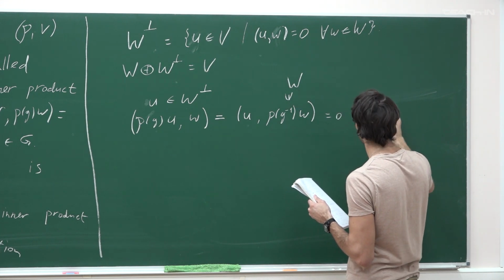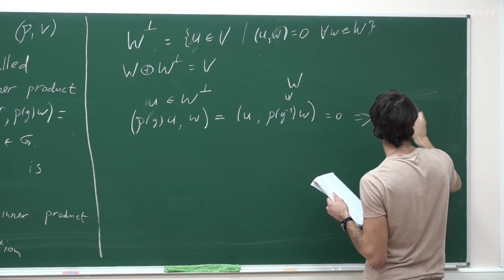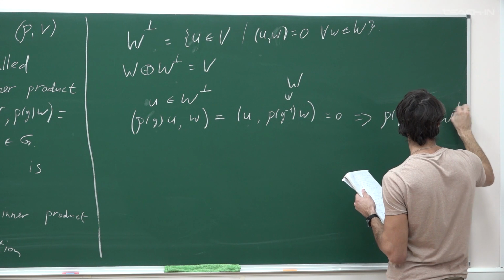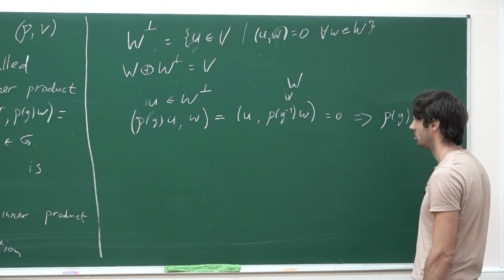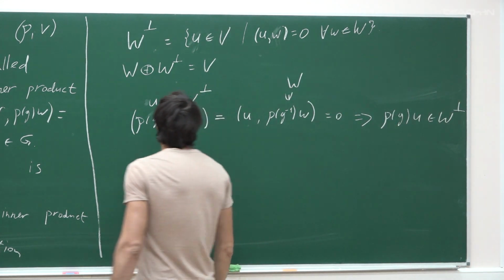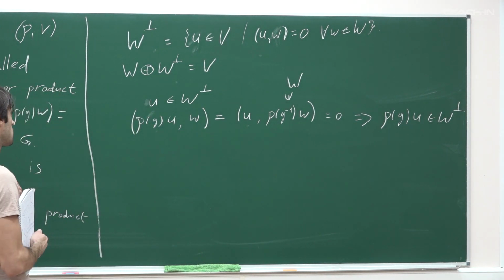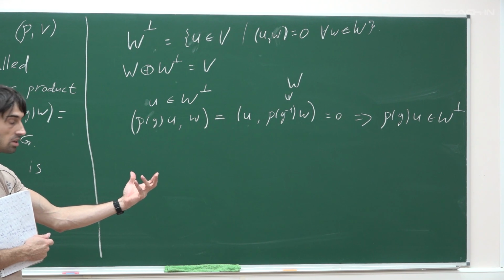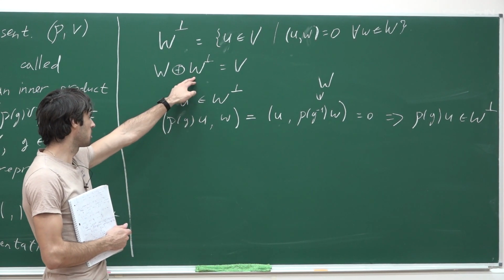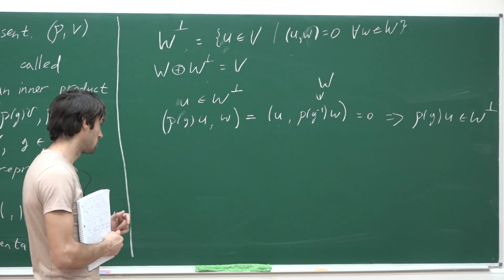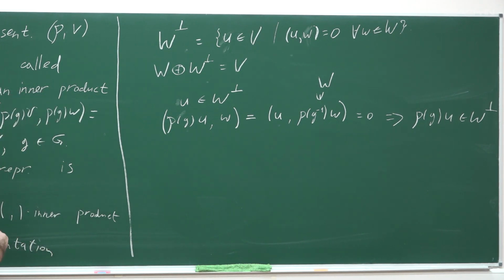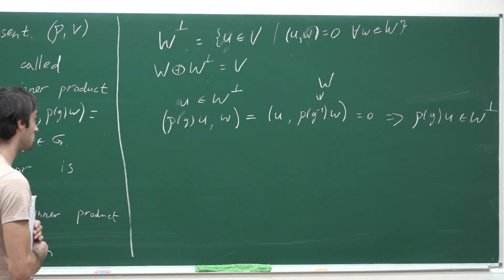So rho of g u is also from W orthogonal. So we proved that if I have a subrepresentation, then I have a complement subspace which is also a subrepresentation, which by definition means that it's completely reducible.